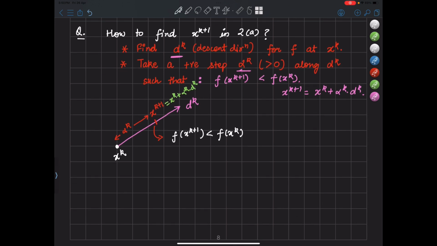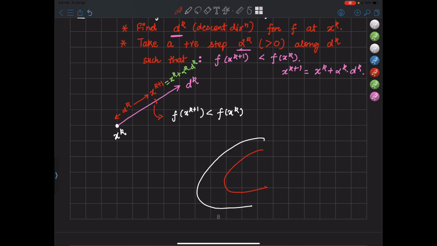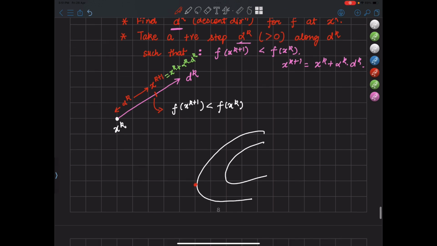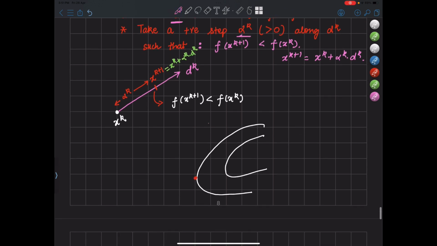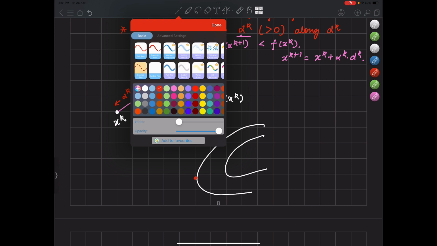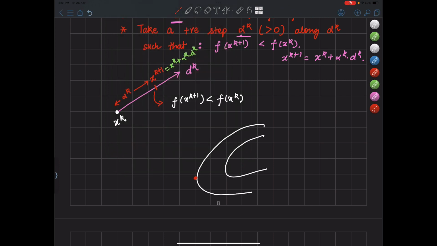So let's say this is the contour map of some function. Here is the xk point. And let's say this is the gradient line.